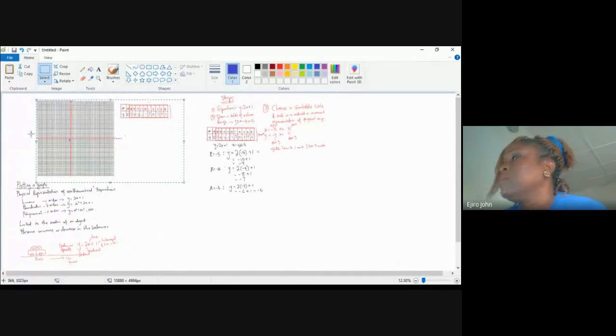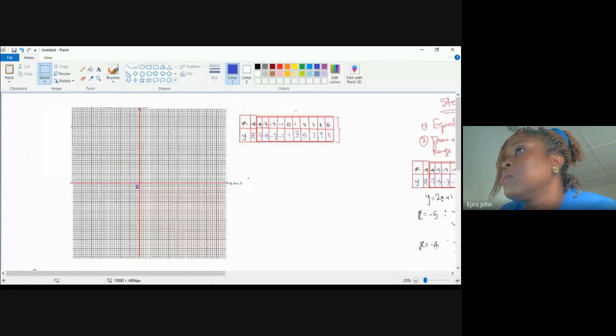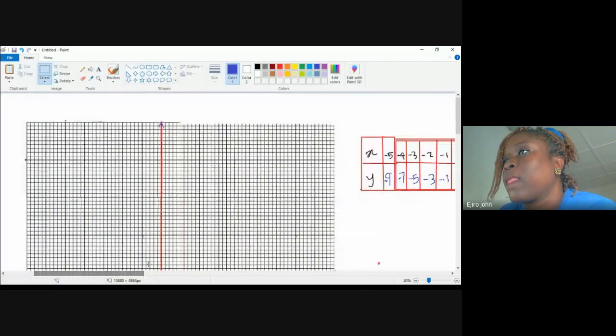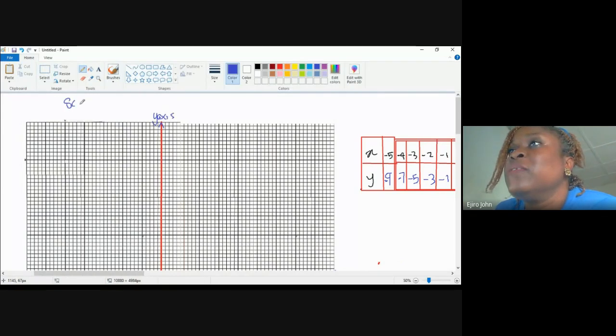Now, I'm going to write the y-axis. Then over here, I will write my scale on top. Scale. So now we can have two scales: a scale for the x-axis and a scale for the y-axis.